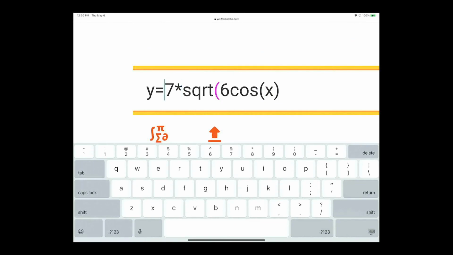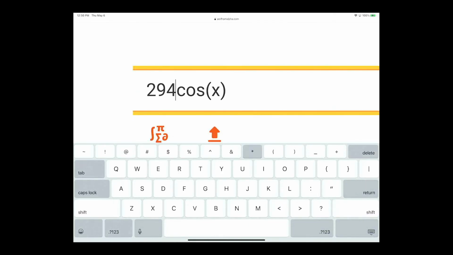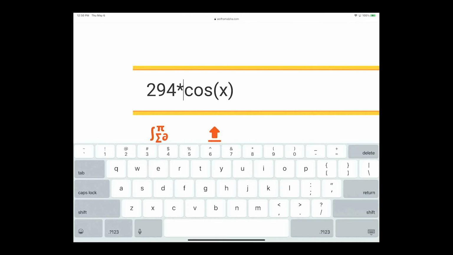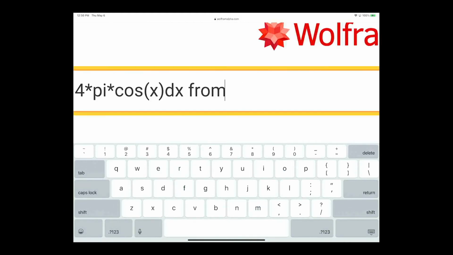We know that if you square this, number one, it was 2, not 4 times pi times cosine x dx. We're going to integrate this from where to where? What was it? It was negative pi over 2 to negative pi over 6.